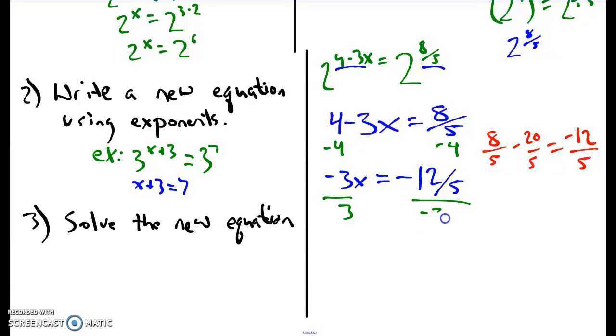Again, this is dividing, including fractions. That leaves us x equals negative 12/5 divided by negative 3. Well, a negative divided by a negative is positive. 12 divided by 3 is 4, so x equals 4/5. And that's your answer.